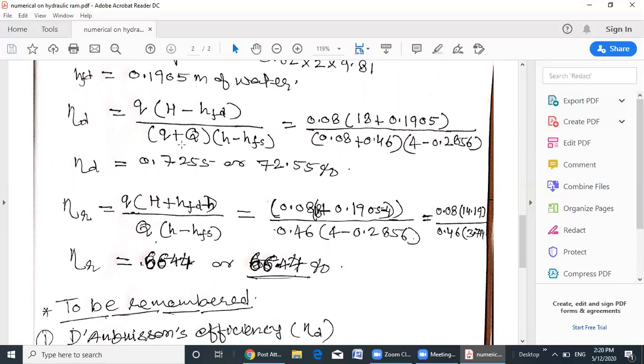Here D'Aubuisson efficiency is 72 and Rankine efficiency is 66. If in your numerical the value of Rankine efficiency is more than D'Aubuisson efficiency, then you always remember that your numerical is wrong.